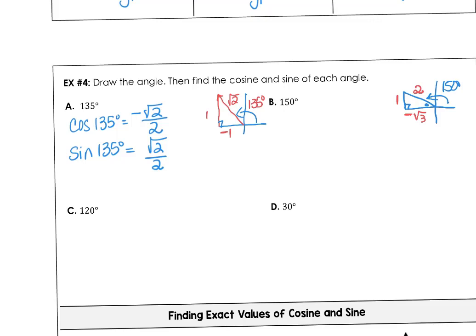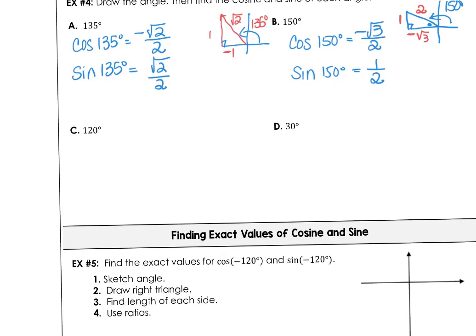But our radical 3 is negative since it's going left on the x-axis. And the cosine of 150 is going to be adjacent divided by hypotenuse, where the sine is going to be opposite divided by hypotenuse.